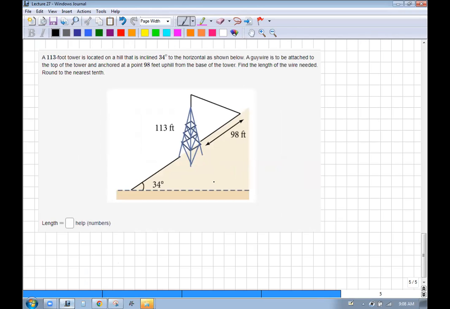I think I did this one wrong last time for the last class. When I looked at this, I saw a right angle because the tower goes straight up. If we know A and B, we could just get C by the Pythagorean theorem.